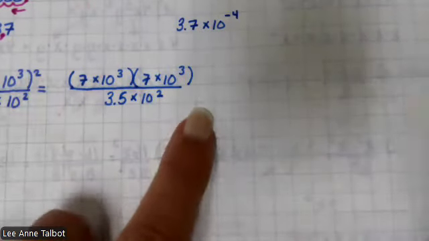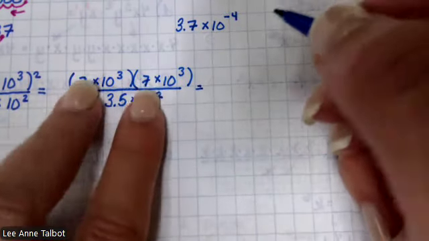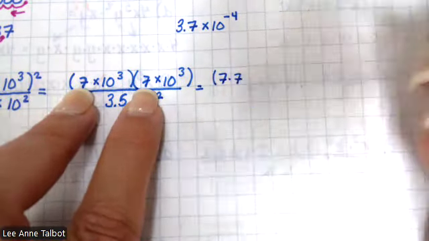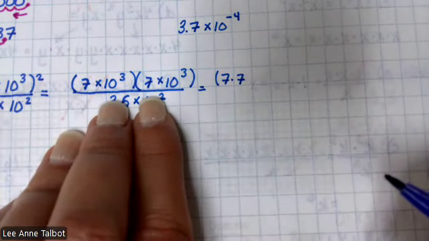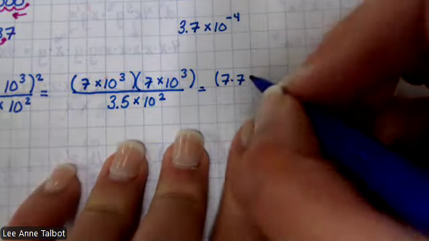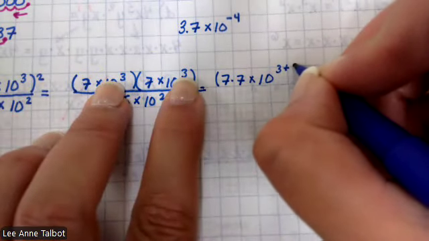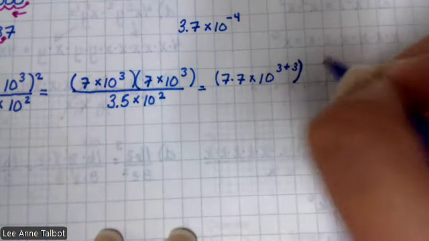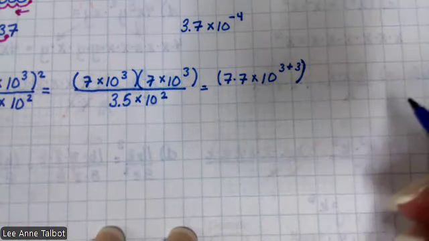Okay, and I want to remind you guys this has been a bit from the block day. So what we do is we multiply the numbers in front. We're just going to do the top. We're going to simplify the top, multiply the numbers in front, and then add the exponents. Multiply the numbers in front, add the exponents.